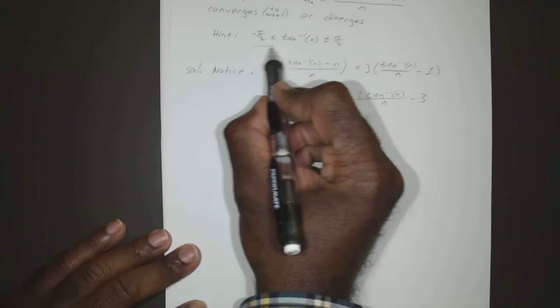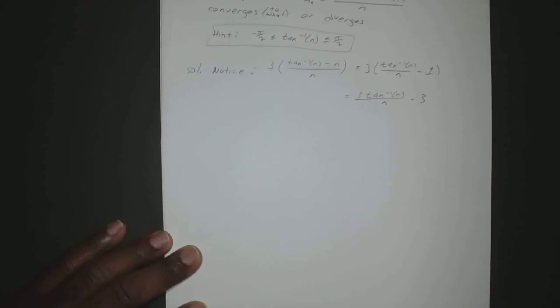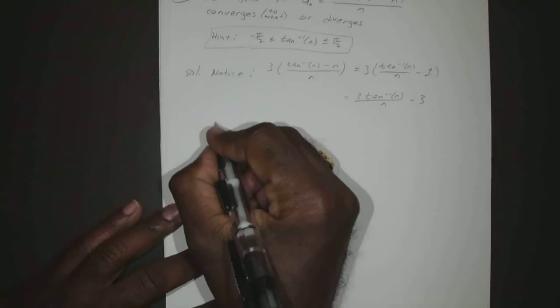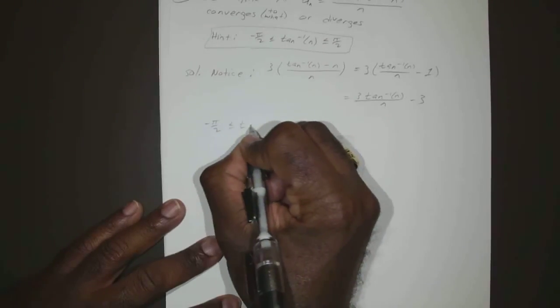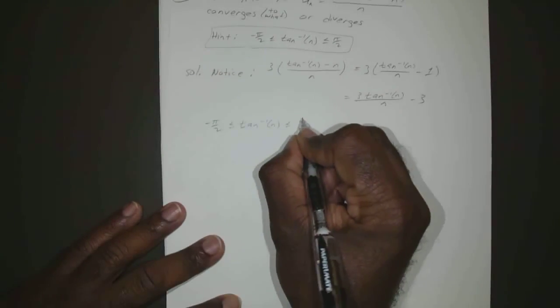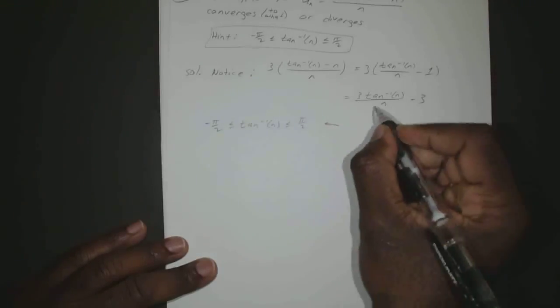Okay. And once again, we know the boundaries for your tangent inverse. Negative pi over 2 is less than tangent inverse of n is less than pi over 2. We can just multiply each one of those by 3.